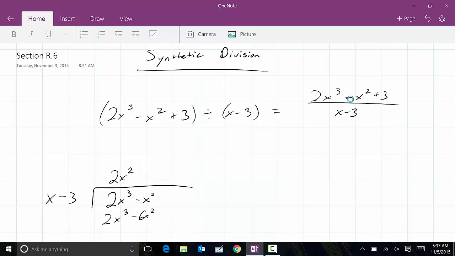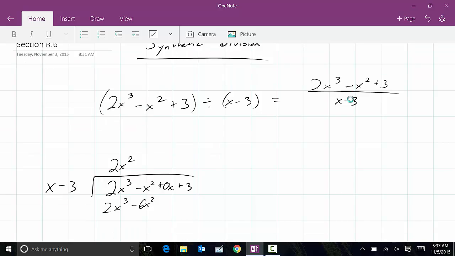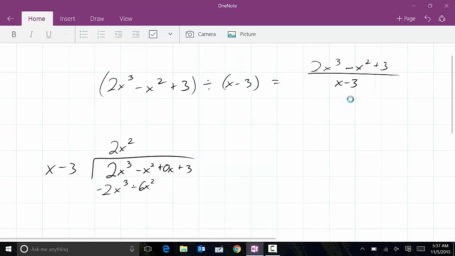As a matter of fact, up here I should have put plus 0x and then plus 3. Now I'm going to change all the signs and add down, and that gives me 5x squared. Then I'm going to bring this down, so I have plus 0x plus 3.